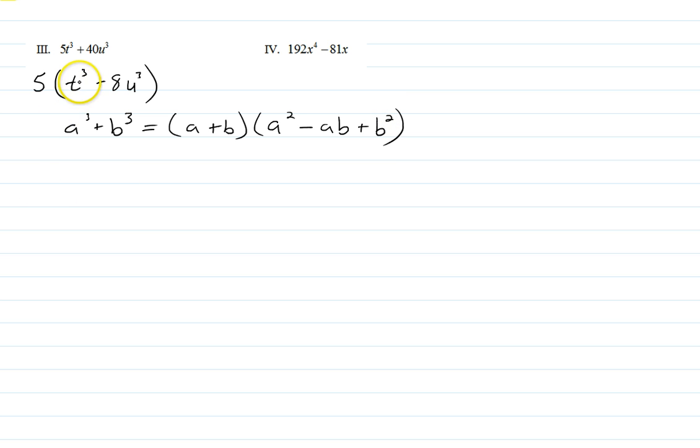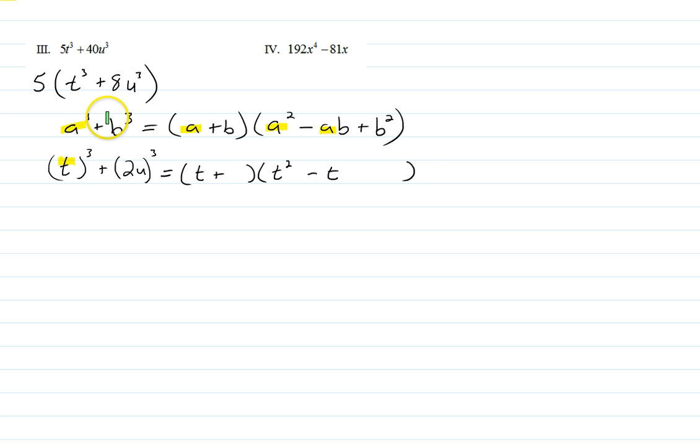And so what cubed gives us t cubed? It's going to be t. And then what cubed gives us 8u cubed? So wherever there's an a, I'm going to write a t. It's going to be t squared minus t.